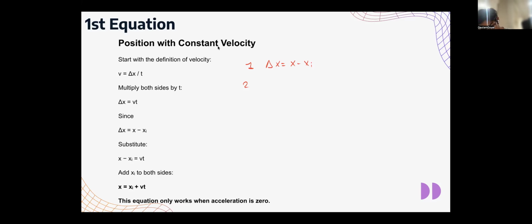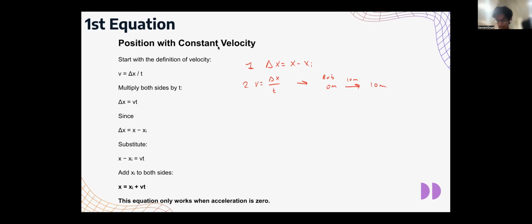The second step is velocity equals this change in x over t, right? An example you can use for this is Bob starts at the starting line and goes from 0 meters to 10 meters.